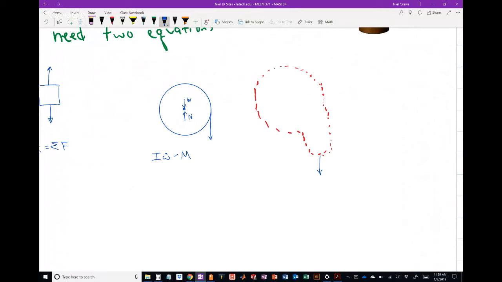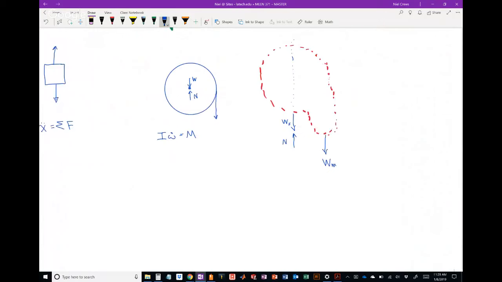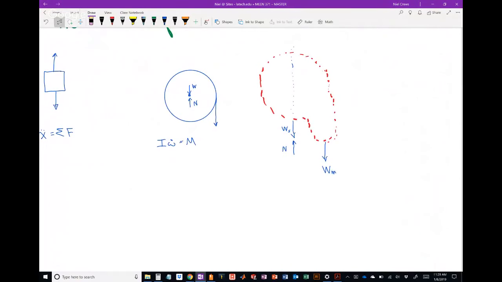You've got gravity pulling down on the spool through its center of mass, and you've got the normal force pushing back up. Normal force and then the weight of the spool. Here, this is the weight of the mass m. And you can solve this in two different ways.